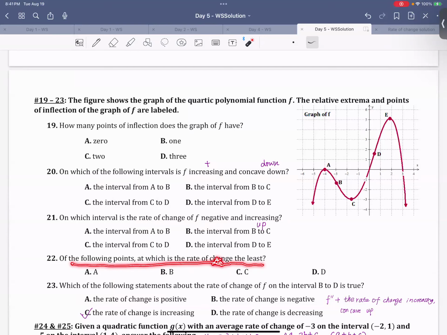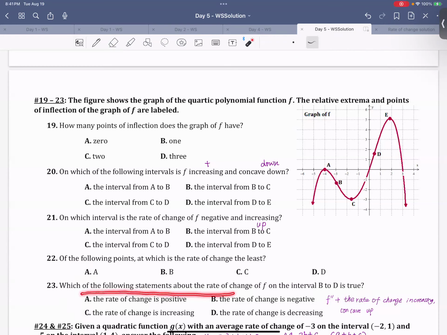Which one? Owen. This slope here is like 0, right? This slope here is like 0. This slope here is like this. And this is negative, so you choose B. Got it? Okay, make sense? One more.